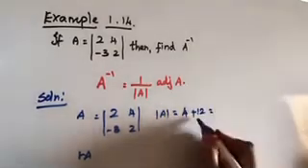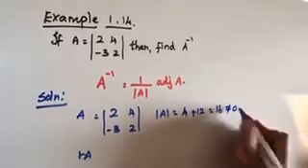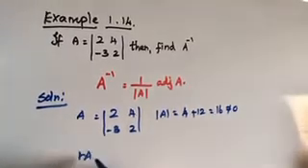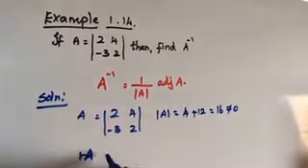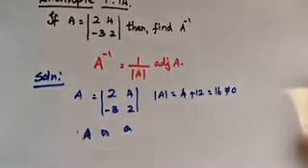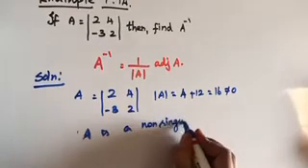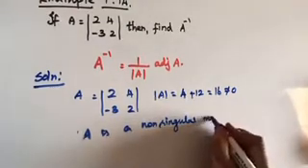It is equal to 16. So it is not equal to 0. So A is a non-singular matrix.